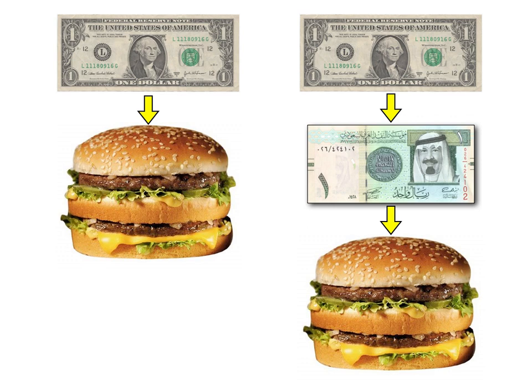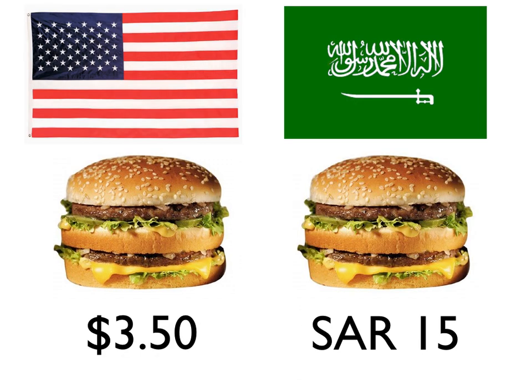So here's a question for you. Where would you prefer to buy a Big Mac, Saudi Arabia or the U.S.? Let's say in the U.S. it's $3.50, and in Saudi Arabia it's 15 riyals. How would you calculate the Big Mac exchange rate?